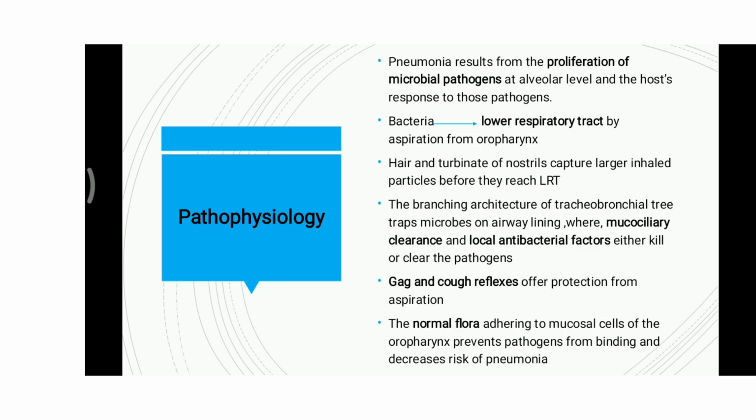The branching architecture of the tracheobronchial tree traps the microorganisms or pathogens on the airway lining, where mucociliary clearance as well as some local antibacterial factors present in the tracheobronchial area will either kill those pathogens or clear them.